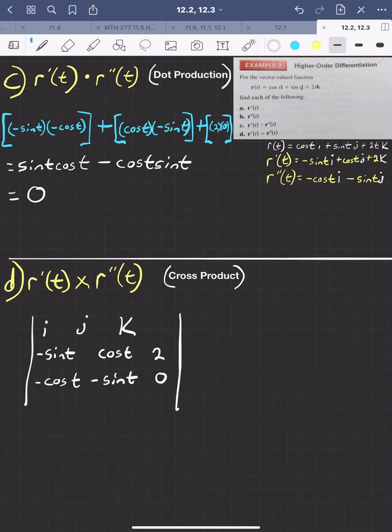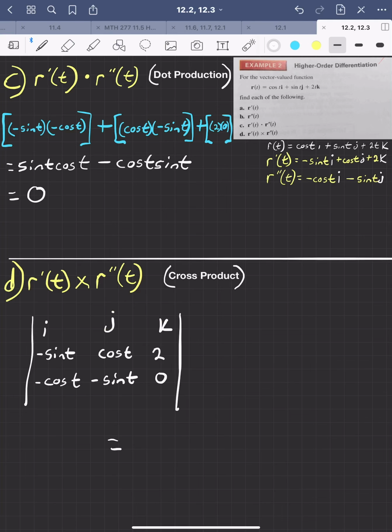Setting it up, I will. You can go on your own time. You can go through and compute the cross product, and you can see if you and I are getting the same result.